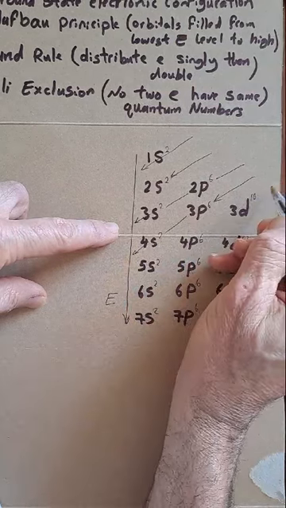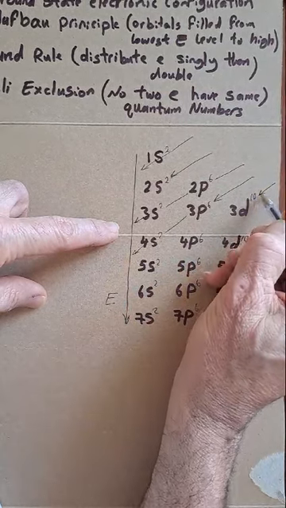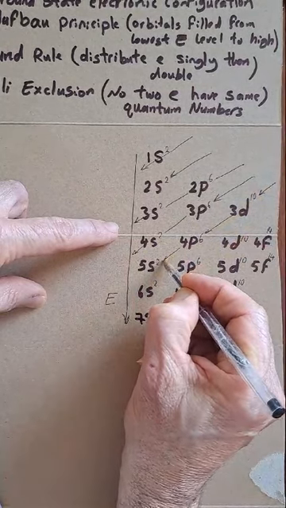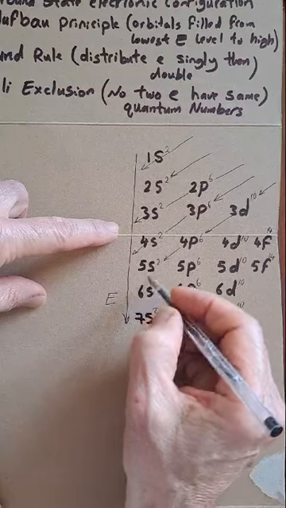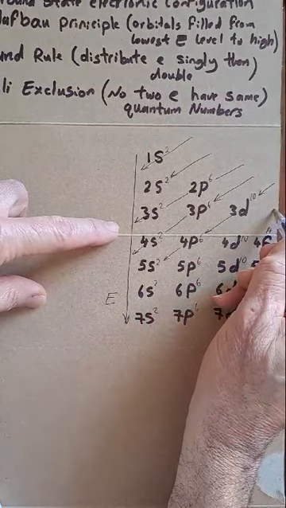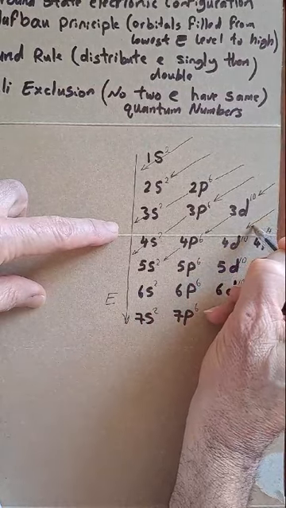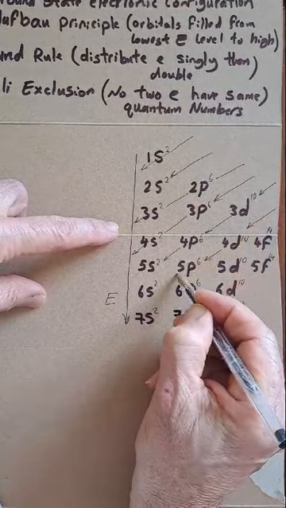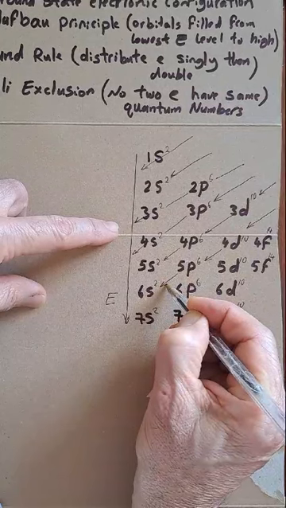4s2, after that will come 3d10, 4p6, 5s2. And then we come back to fill 4d10, 5p6, 6s2.